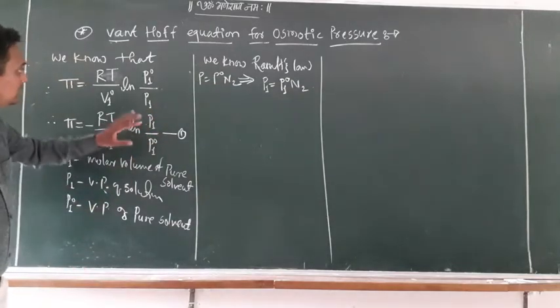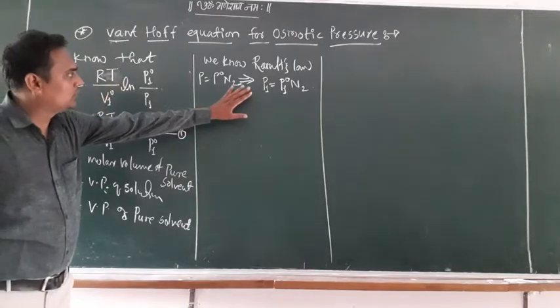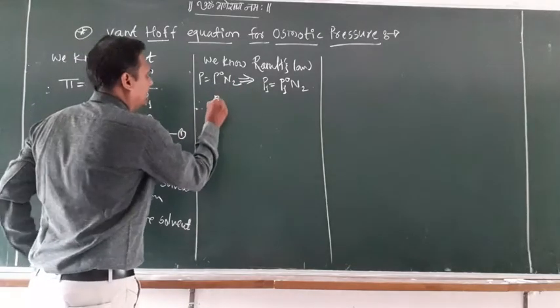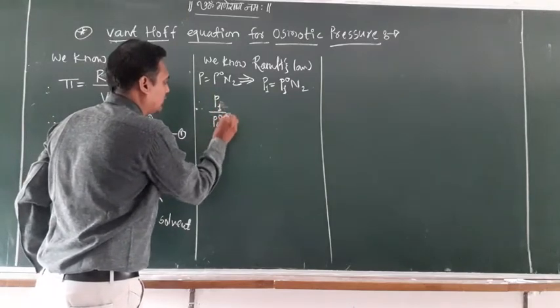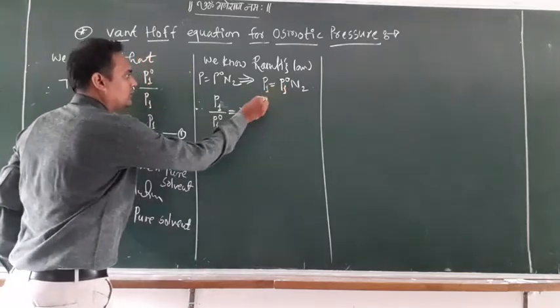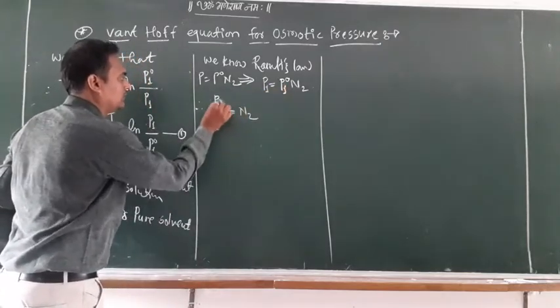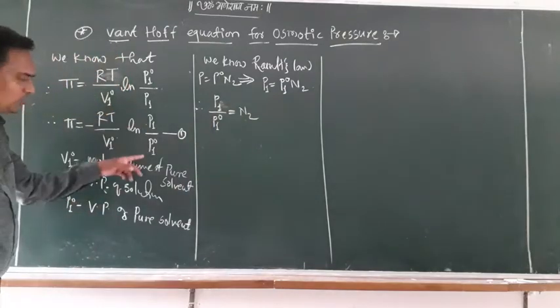We have changed these numerators and denominators because from Raoult's law we get P1 upon P1 naught is equal to N2.